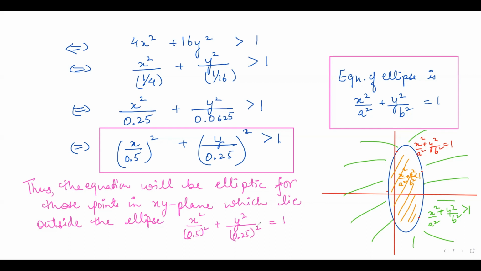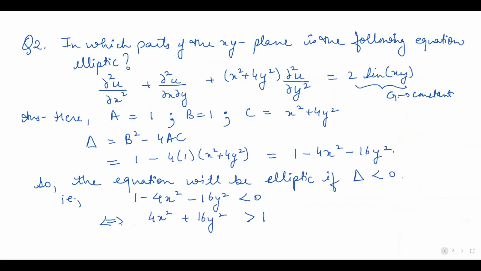So all those xy's which are lying outside this particular ellipse, at those points your equation will be elliptic. And if it asks when it would be equal to 0, or hyperbolic, right? You need to find out here. Hyperbolic would become a different question. And when we are talking about the hyperbolic, I'll take that as well.